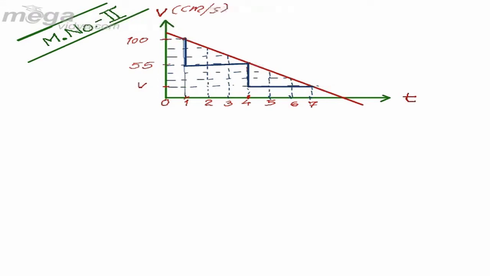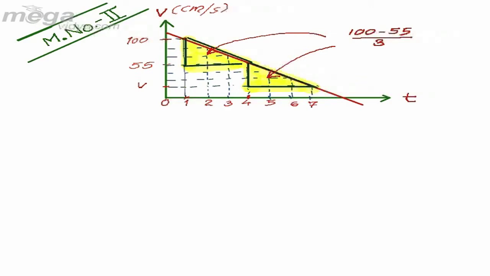If we analyze these two triangles, as you can see, this side is common to both, so this side will have a similar slope in both triangles. Using simple trigonometry, perpendicular upon base equals tan theta, we can apply the similar triangles property. 100 minus 55 is the length of this side, divided by 1 to 4, which is 3 seconds, the base of the triangle.